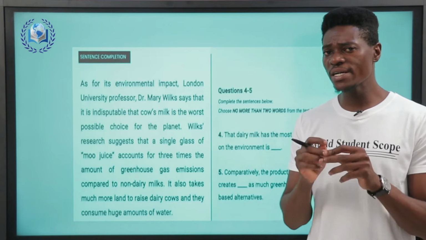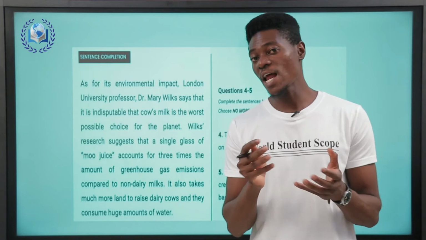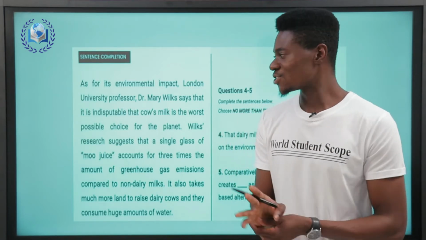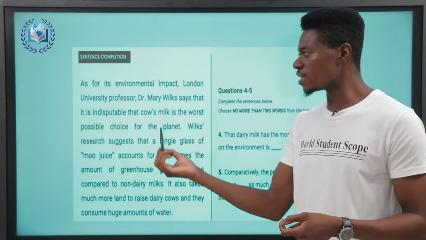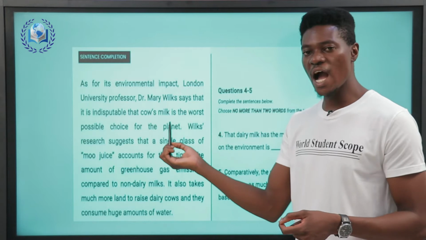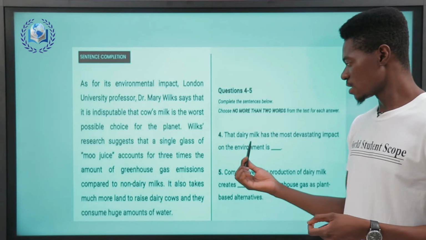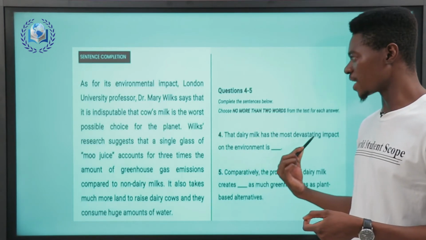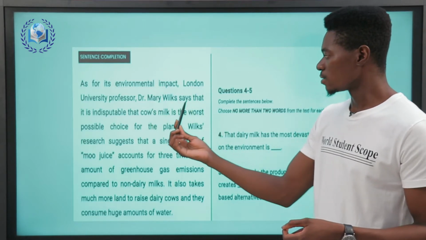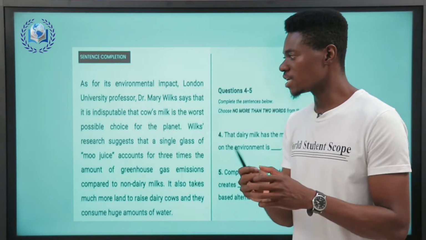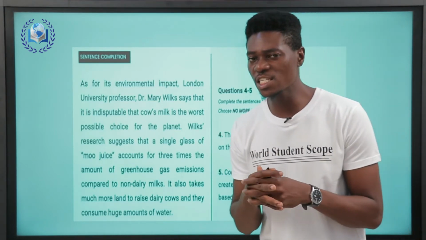When I say non-dairy milk, this means the milk from plants, for example, almond or soya milk. So when they say dairy milk, it means milk from the animal. And the animal which you've been given here is cow. So that means cow's milk. This is the synonym. And another thing is most devastating impact. When I say most devastating impact and when I say the worst possible choice, it is the same thing. Worst possible choice and devastating mean the same thing.